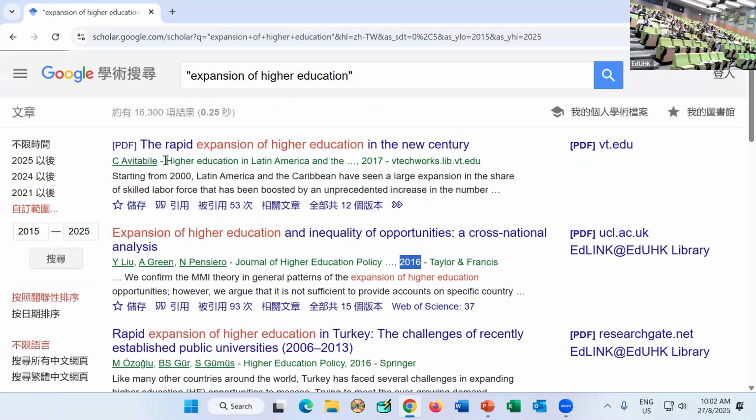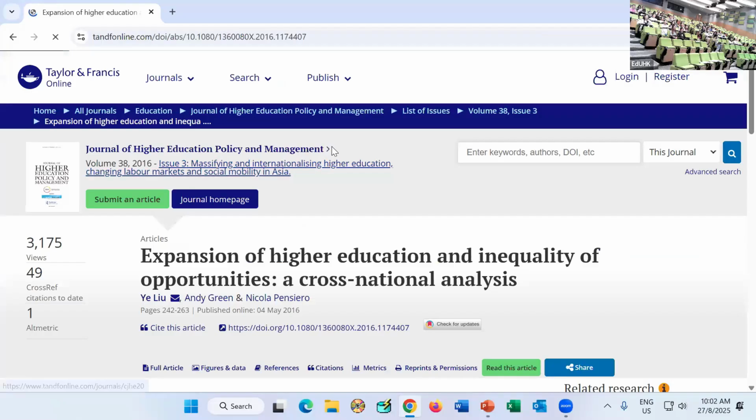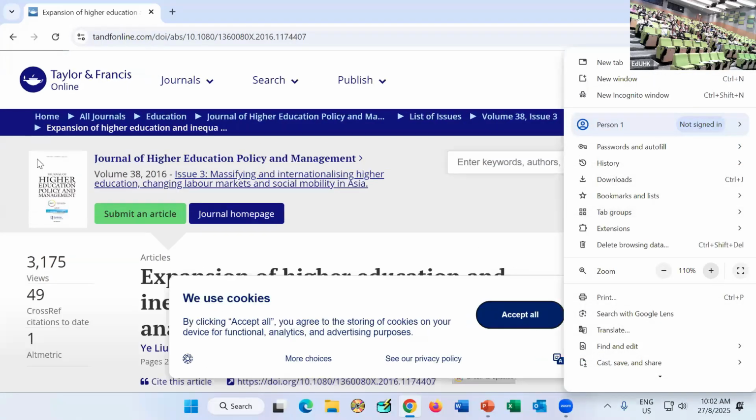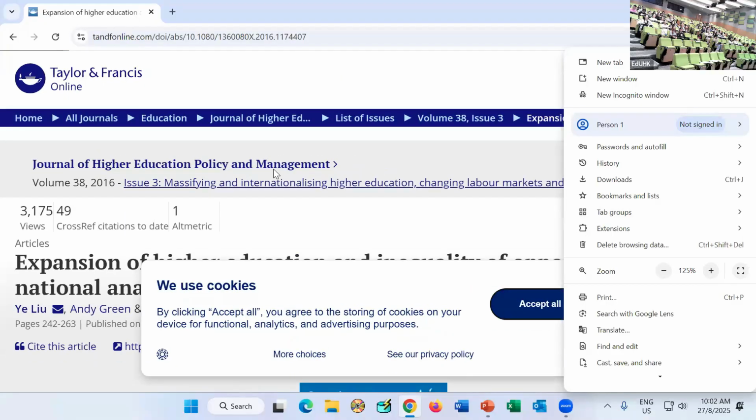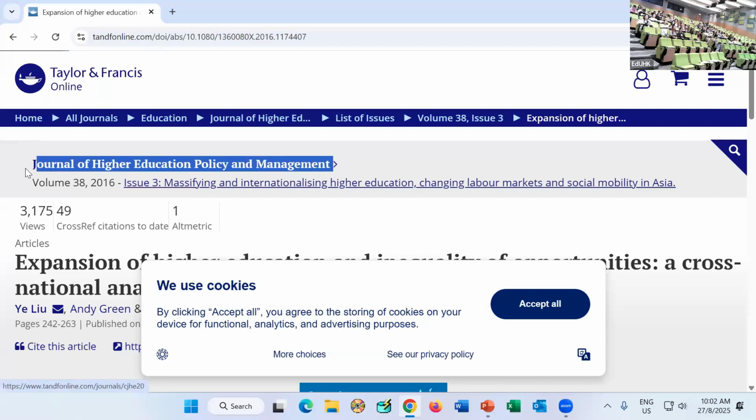Another hint is check the journal name. If this is a journal, then that is a journal name. Journal of Higher Education. Let's go and check what the exact name is. So you see this one. The journal name is Journal of Higher Education Policy and Management. And I have not heard of that. So I don't think many people have heard of that, but I can still see whether this is a good journal.